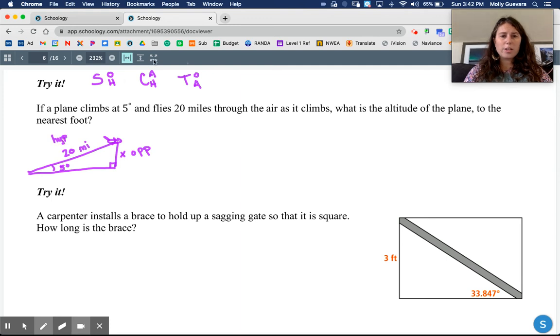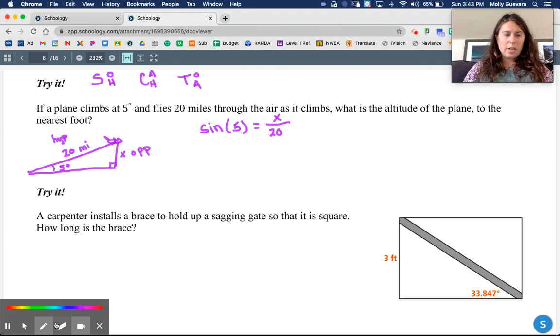So which trig function uses opposite and hypotenuse? Hopefully we said, oh, here it is, sine, opposite over hypotenuse. So sine of 5 degrees equals opposite, which is x, over hypotenuse, which is 20.